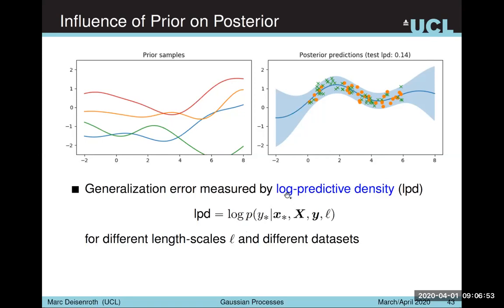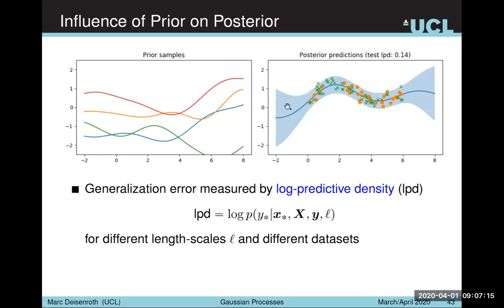We're going to look more specifically at the log predictive density. This is the number that's going to be shown in the top right corner, which is the log p of y star given x star, the training data, and one specific length scale. So I'm explicitly mentioning the length scale here as well.